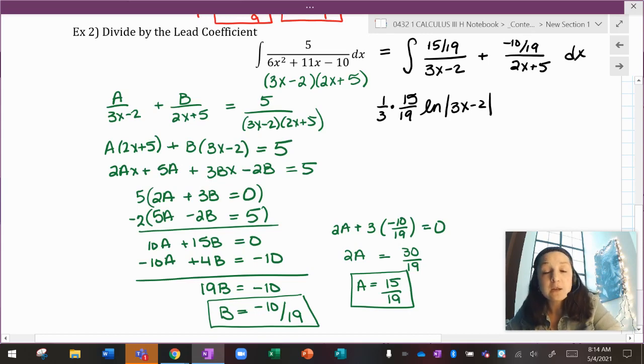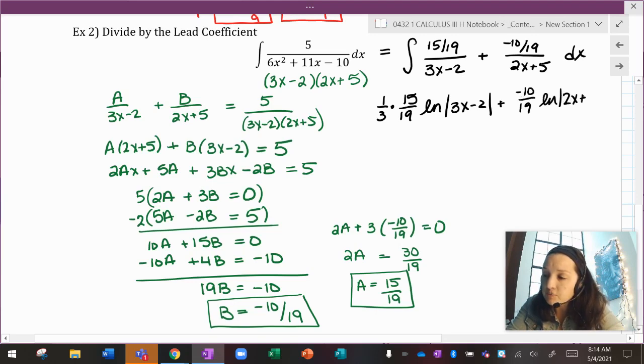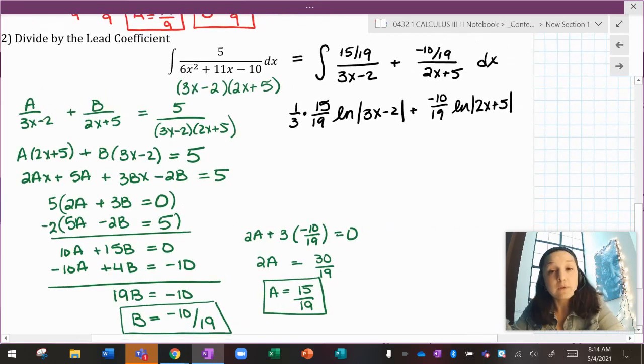So when I take the antiderivative, I have to divide by 3. It's really a backwards chain rule. And then the same thing over here. I'm going to have -10/19 ln 2x plus 5, but the derivative of 2x plus 5 is 2, so I have to multiply by 1/2 when I take the antiderivative, plus c.